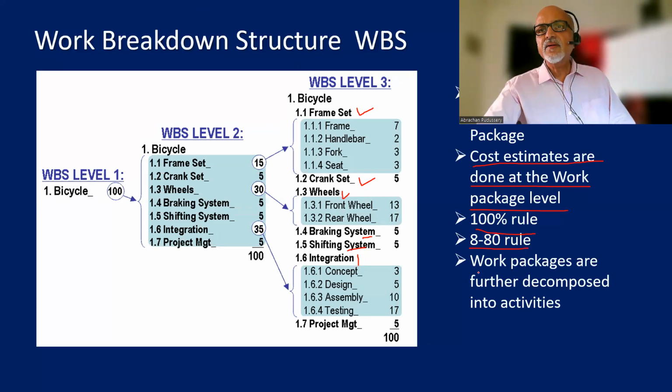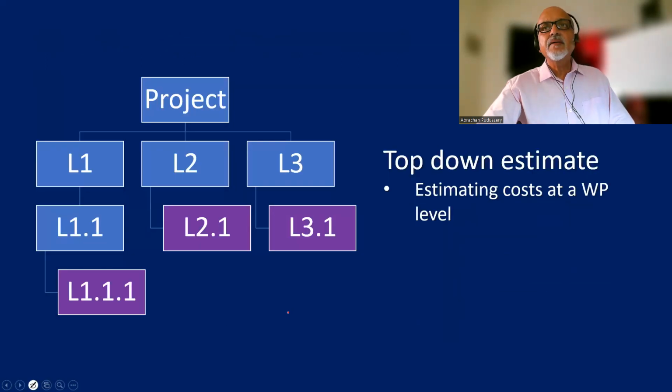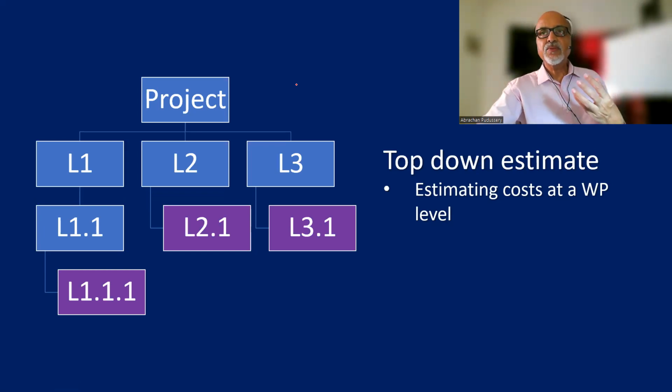Then once the work packages are finalized and approved, it is time to decompose them further into activities. So activities come below the work packages. Now, once we know the work packages, that is the time when we do a top-down estimate.